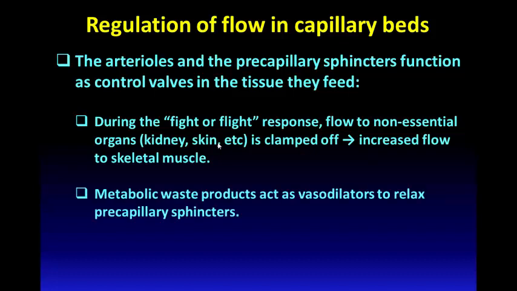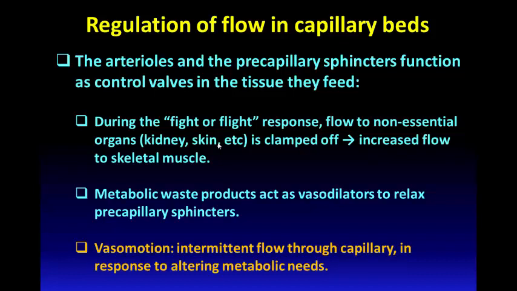The metabolic waste products act as vasodilators since they relax the precapillary sphincters. Physiologically, vasomotion is the intermittent flow of blood through the capillaries in response to altering metabolic needs.